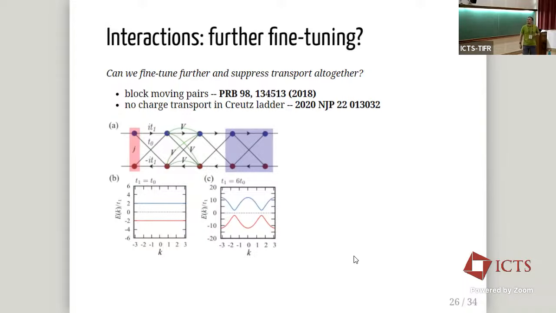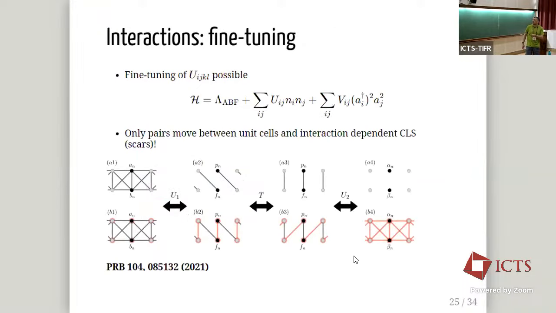However, they didn't provide a specific example. And then the group of Yasuhiro Hatsugai proposed a specific model where this was observed. They considered spinless fermions on a Creutz ladder with nearest neighbor interaction, and demonstrated that in this case there's no charge transfer, it's suppressed. And the mechanism behind it is exactly the suppression of these terms.